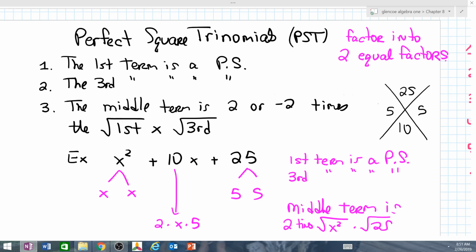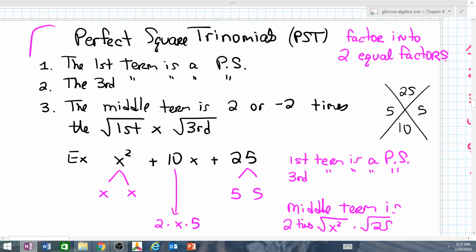A perfect square trinomial from today and forevermore will be known as a PST. All perfect square trinomials factor into 2 equal factors. The first term is a perfect square, the third term is a perfect square, and the middle term is 2 times or negative 2 times the square root of the first times the square root of the third.